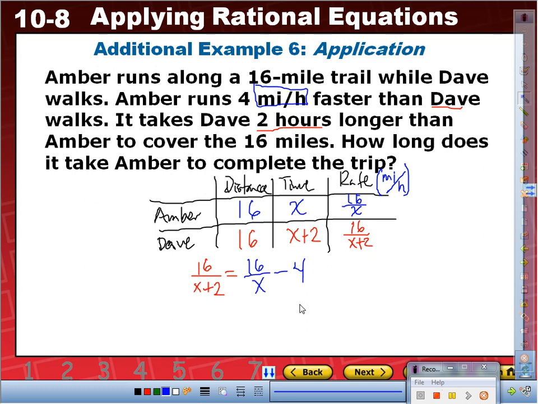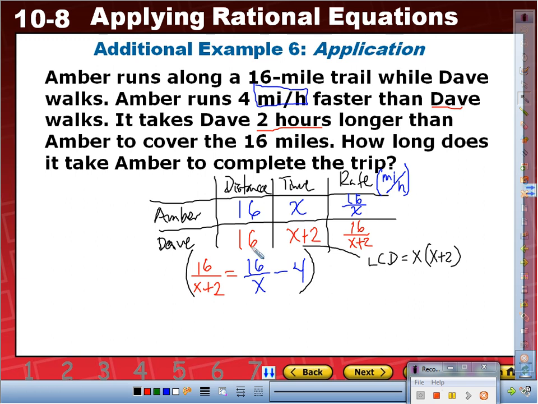This is the only thing that's going to be different from all the other setups. We set up our proportion, and then it's minus 4. Give me a second, we're almost done. At this point, do we know how to solve these? Yes, we need to multiply times the LCD. What would be our LCD? The LCD is x times x plus 2.